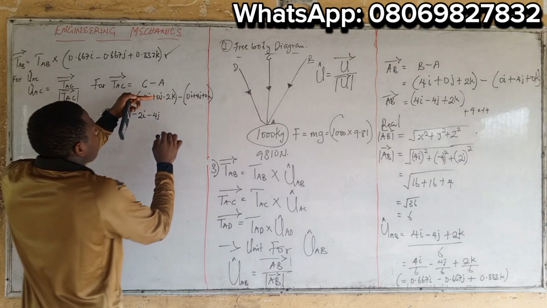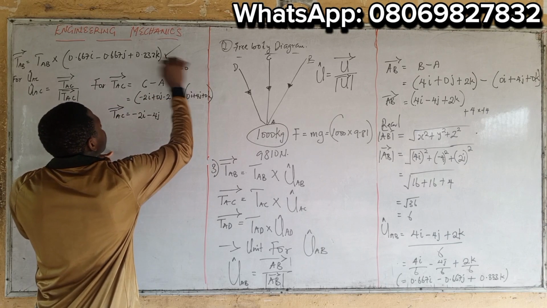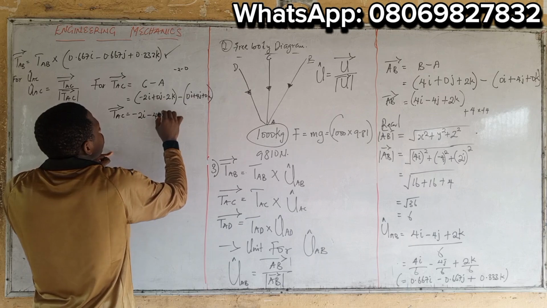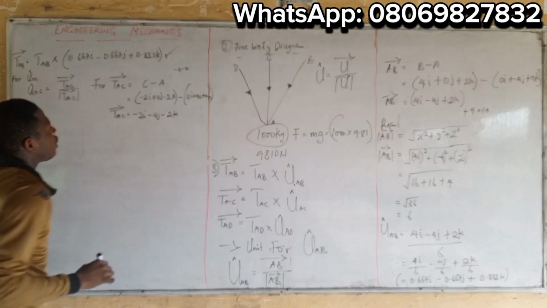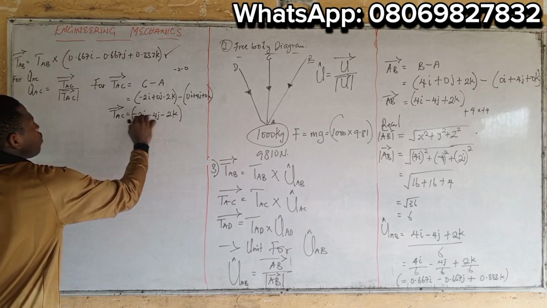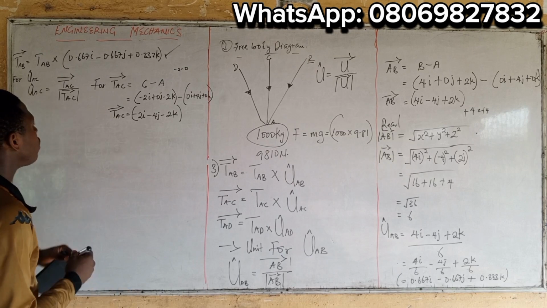The last one, minus 2 minus 0, gives minus 2k. So this is your position vector for AC. Let's calculate our unit vector.